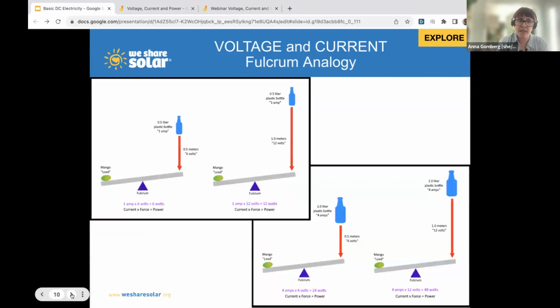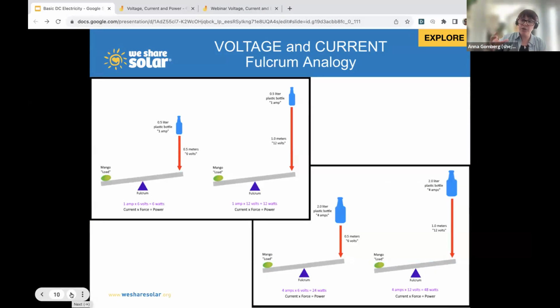Another analogy that's pretty fun to do is to actually create a fulcrum and put something on one end, a mango here. I wouldn't recommend mango because that could get quite messy, although I think I have done it with fruit before. As a soft toy, it's pretty good.